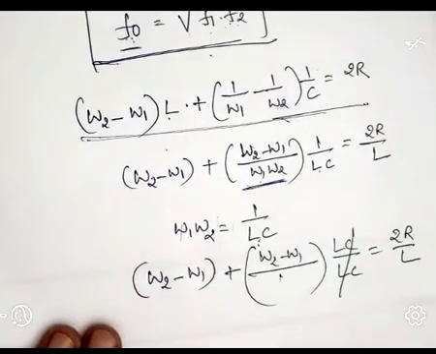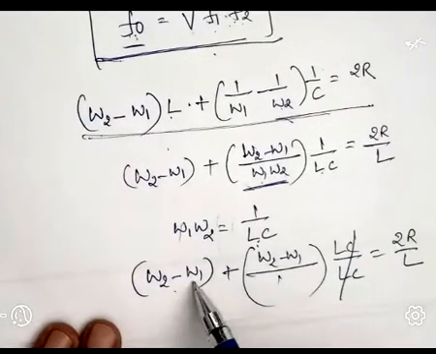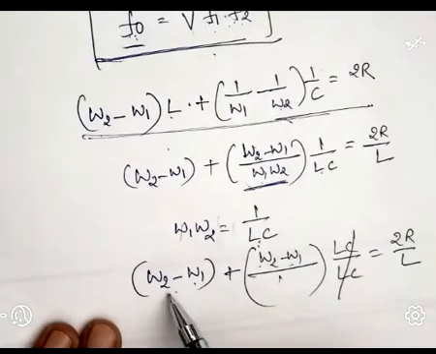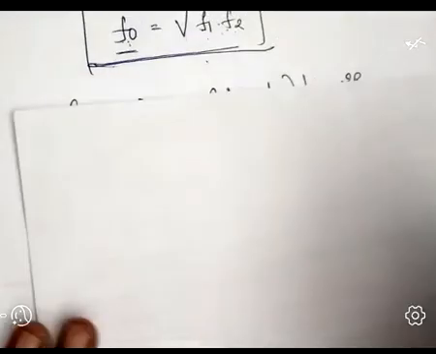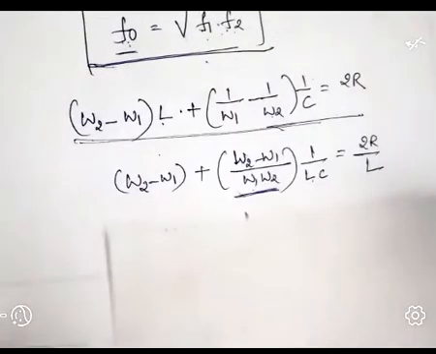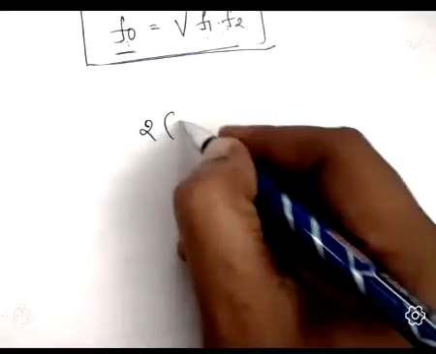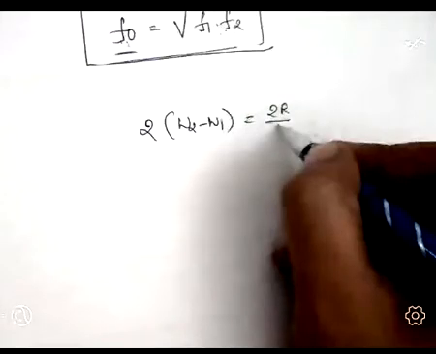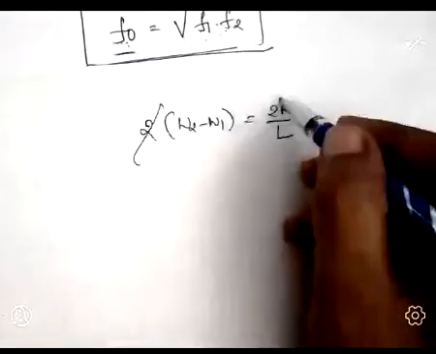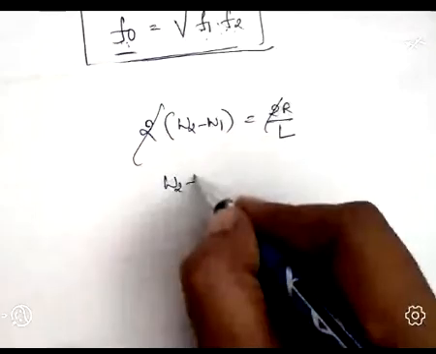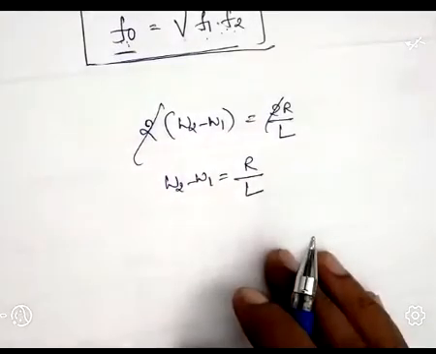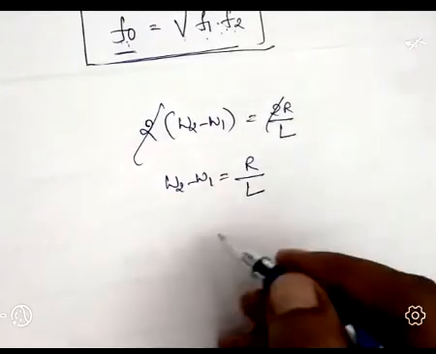What happens? Omega 2 minus omega 1, omega 2 minus omega 1. So it becomes 2 of omega 2 minus omega 1 is equal to 2R divided by L. So 2 gets cancelled, hence omega 2 minus omega 1 equal to R by L. Okay, is it clear? Let us express in terms of f frequencies.